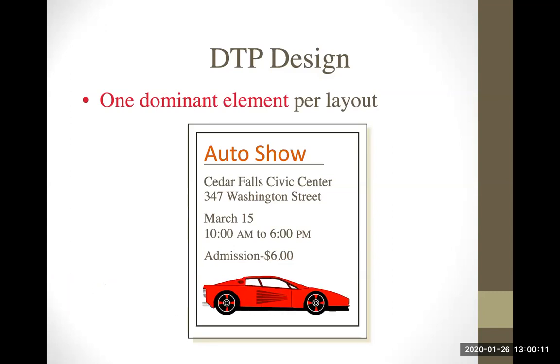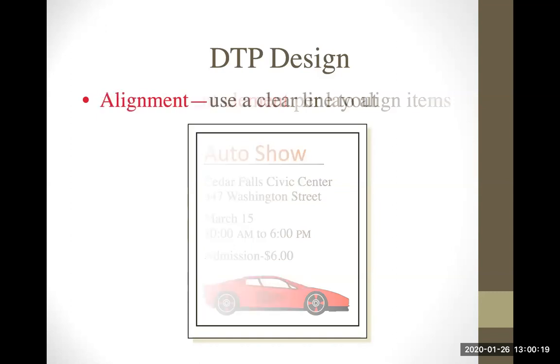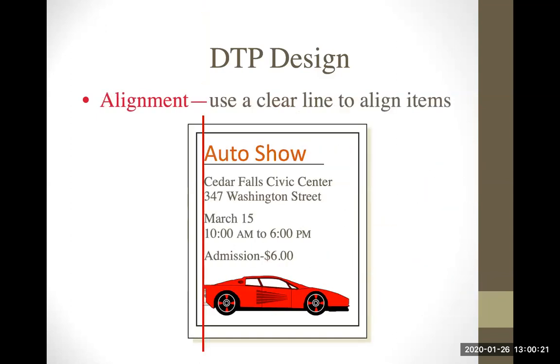And then you really only want to have one dominant object that draws your eye, that pulls you in, but it keeps it simplified. As I already stated, we're using alignment, so make sure that you have everything aligned well, and this is where your tabs can come in handy.